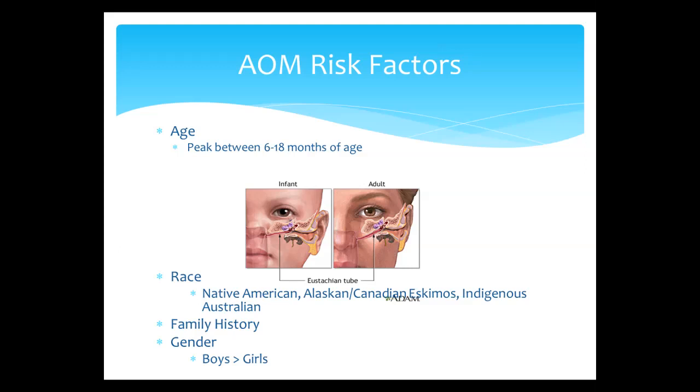If a child's been given a bottle at bedtime, you can see where the child swallows, you can get this fluid going back into the ear, whereas with an adult, it's at a more acute angle. So therefore, the peak age for acute otitis media is actually 6 to 18 months. And that's, again, because most of their diet is coming from liquid and not from solids, and so you have this chance of fluid going back into the eustachian tube.